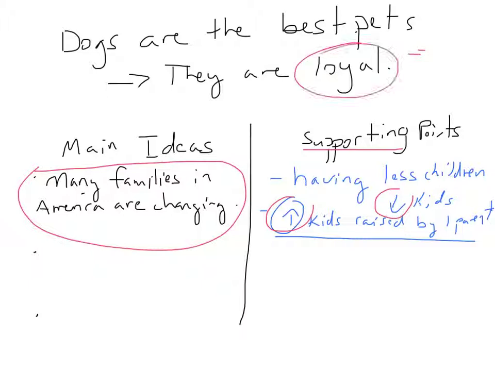You can draw circles around things to emphasize things. If you're writing in a sentence like this, having less children, you could circle in the words, and if you wanted to make sure to be reminded of that, you could draw arrows to the part that you want to be reminded of in the future.